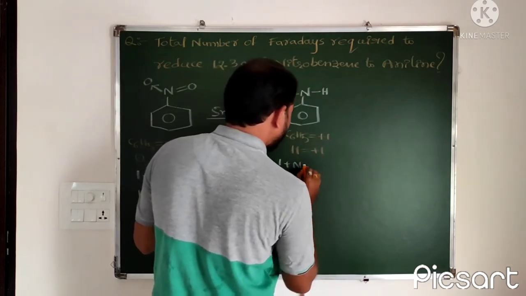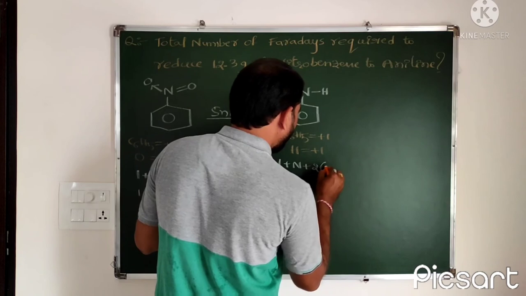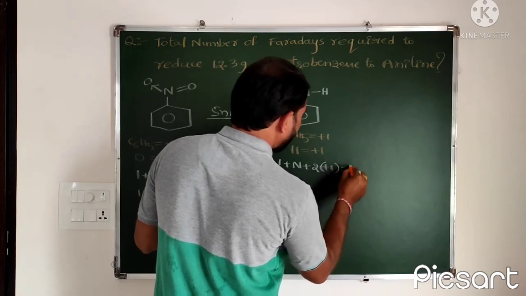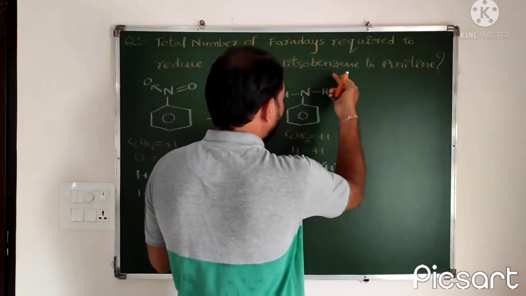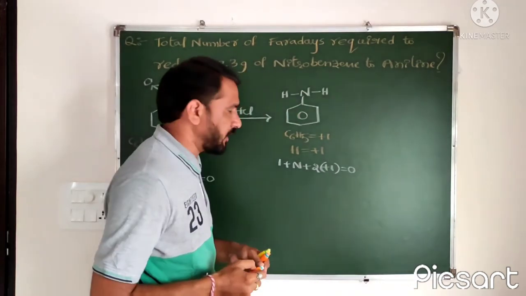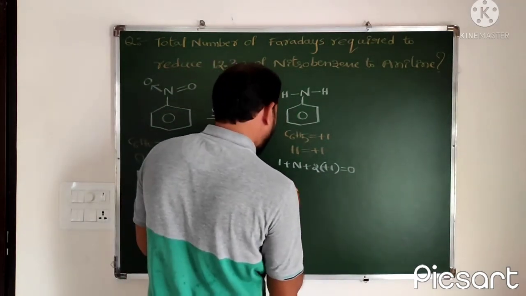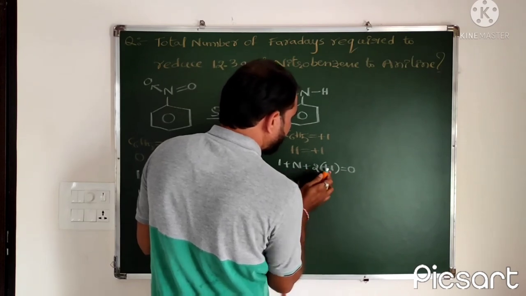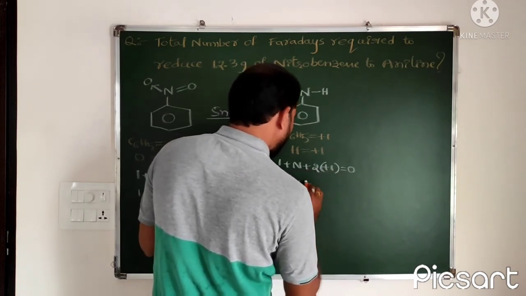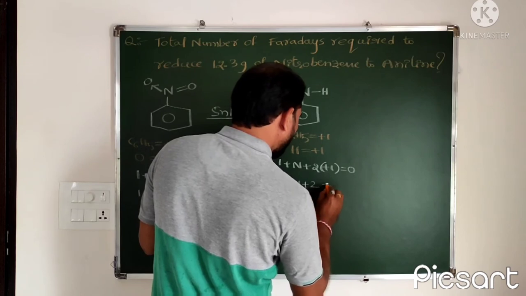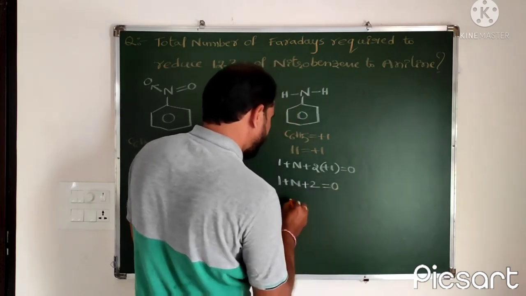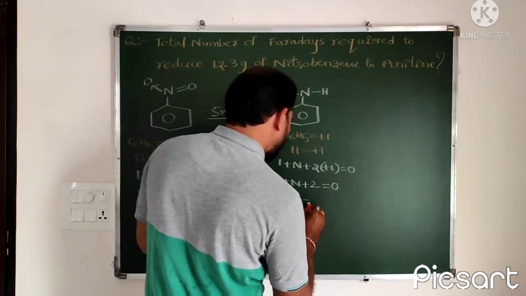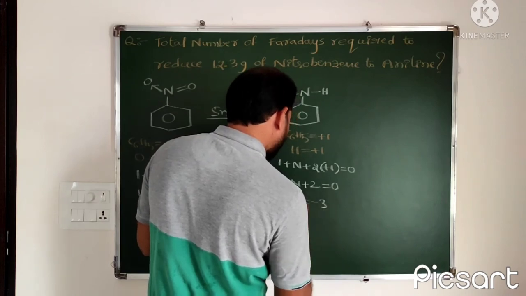After that 2 hydrogens, plus 2 into +1 oxidation state, that is equal to 0. Over the molecule nothing is there, which means it is a neutral molecule, right? So here 1 plus nitrogen plus 2 equals 0. Therefore the nitrogen oxidation state is -3.